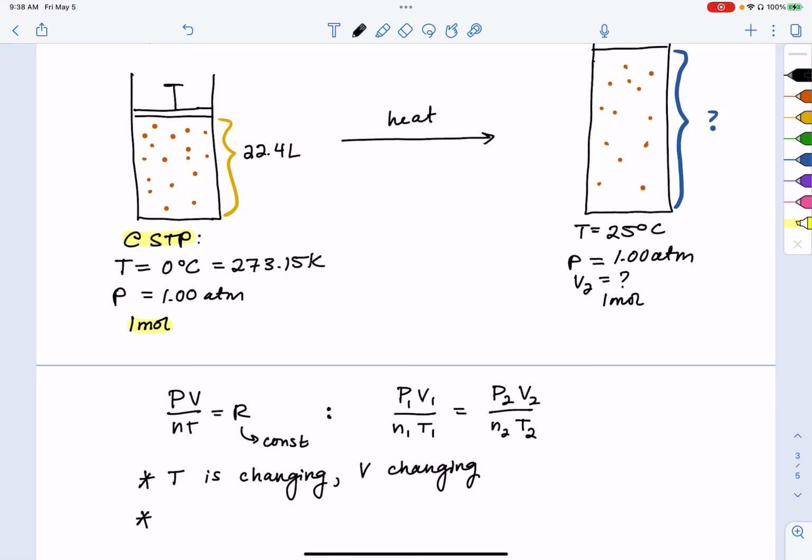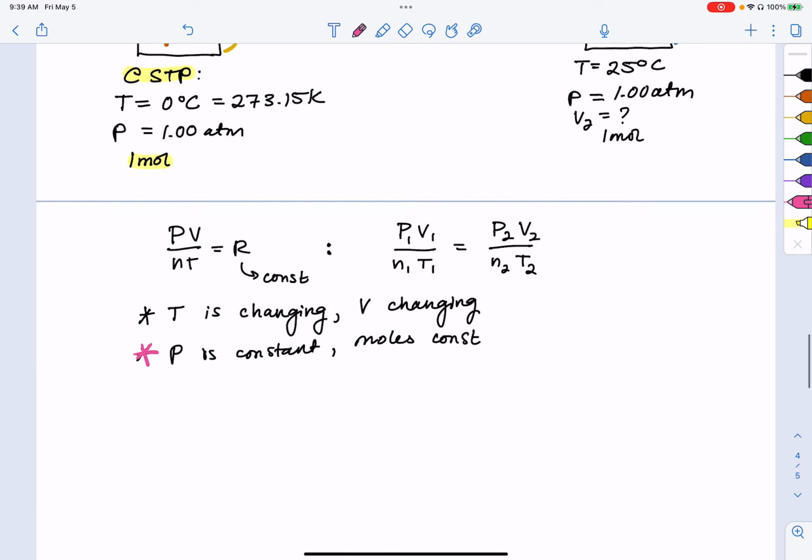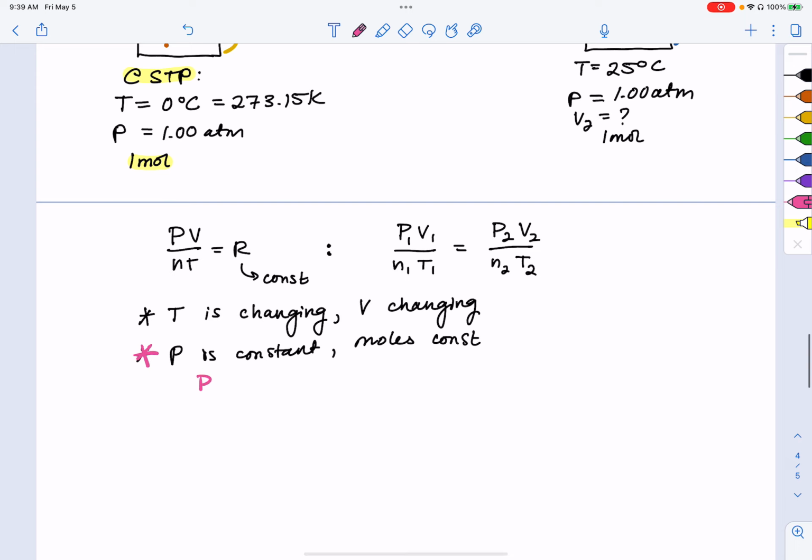Which means that what is constant is going to be our pressure and our moles. Why is this something that's worthwhile to do? Well, if pressure is constant, then the pressure initially is equal to the pressure finally. And if the moles are constant, then the moles initially are equal to the moles finally.